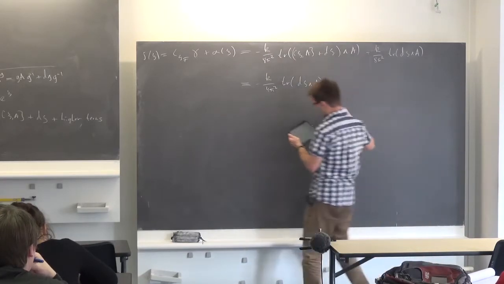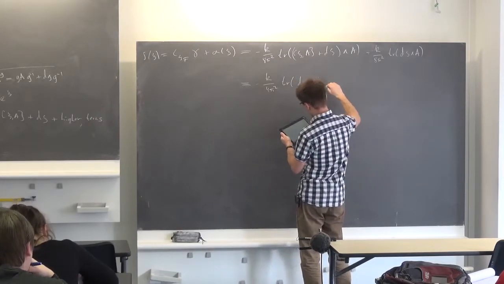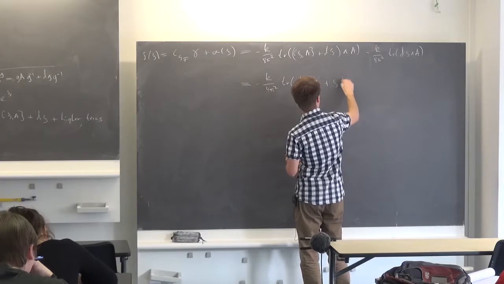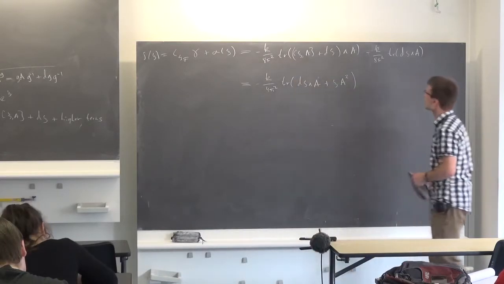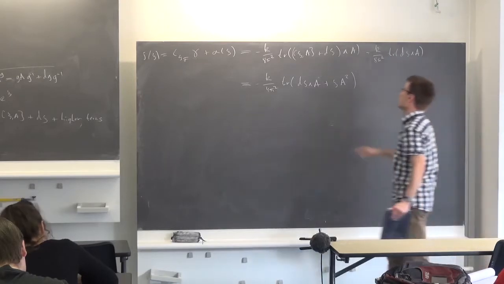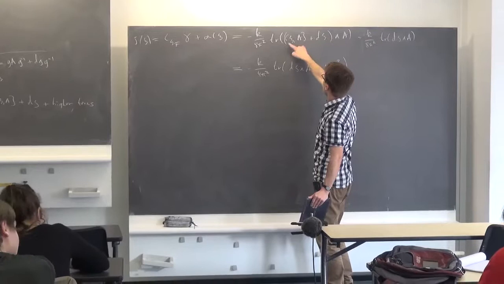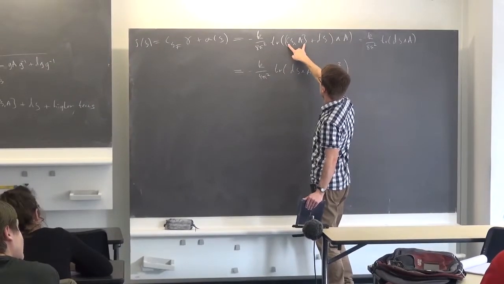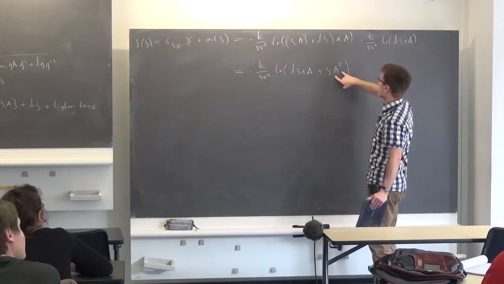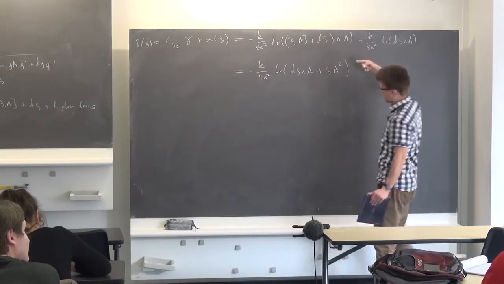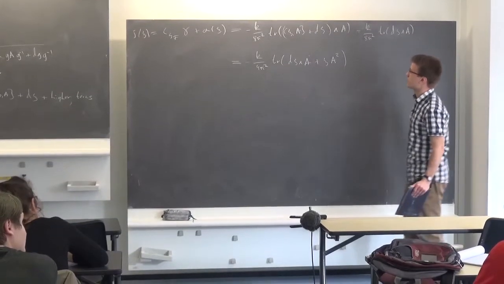And then the other term will be xi times A squared. Here I'm using the cyclicity of the trace to rewrite this bracket to put it on A, and then I write the bracket of A with itself as twice A squared. Okay, so you get this term.